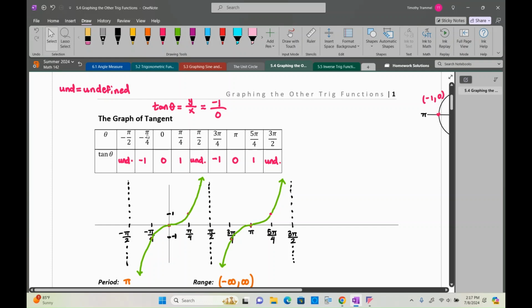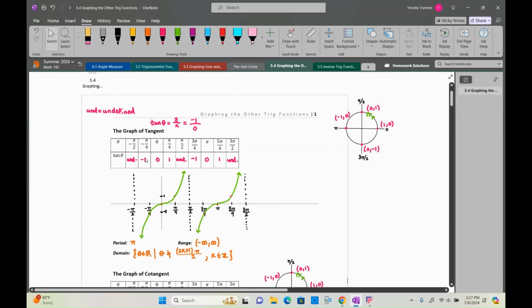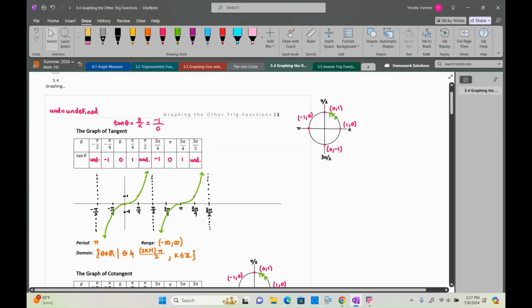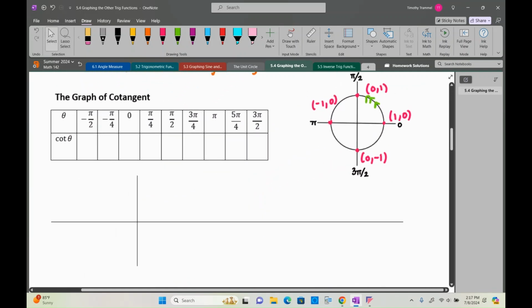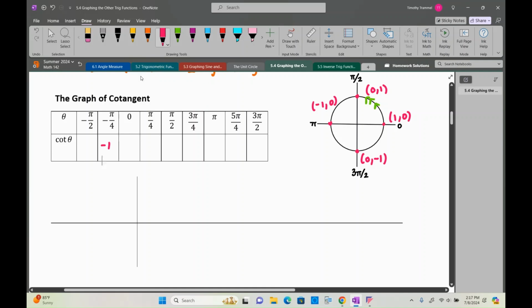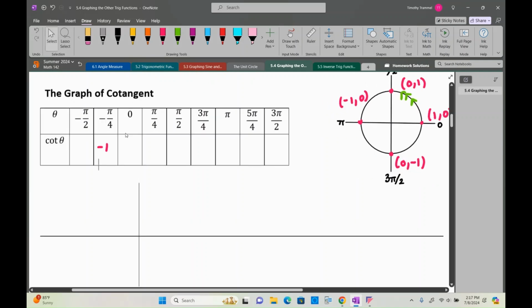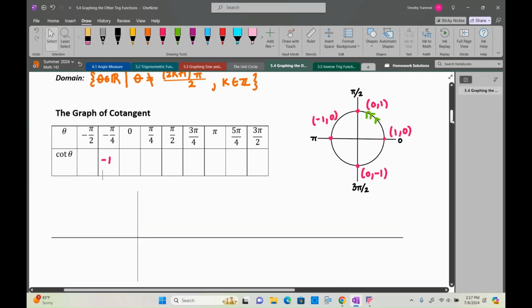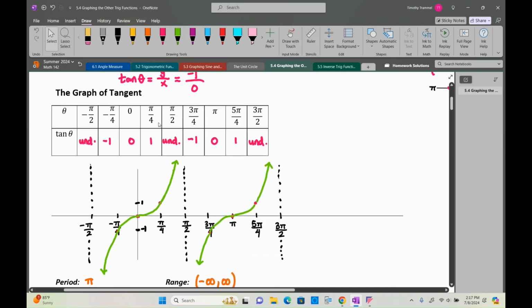For instance, at minus pi over 4, tangent is minus 1. Well, then that means cotangent would be 1 divided by -1, which is still -1. So if I scoot down here, this is still -1. Now, let's look for theta equals 0 at tangent. If we do that, we can see that tangent at 0 is 0.